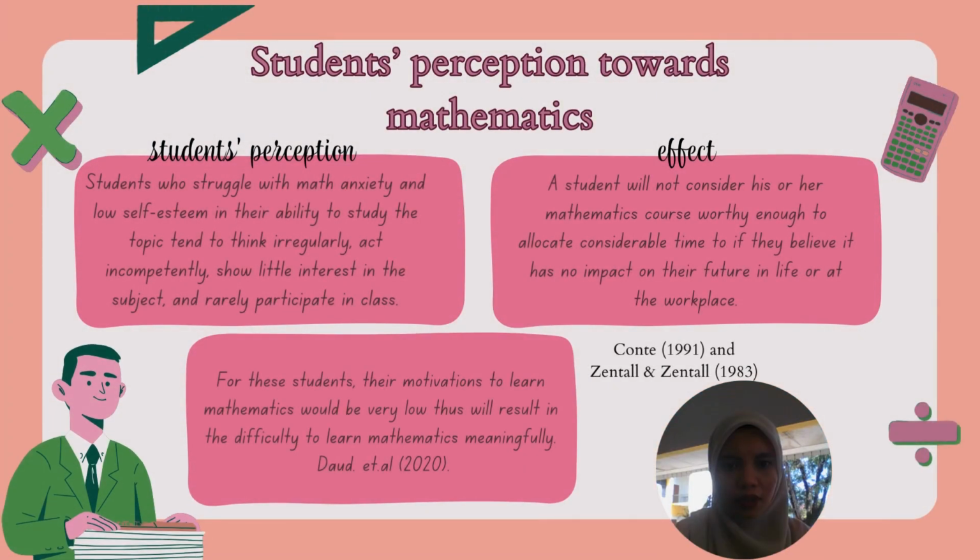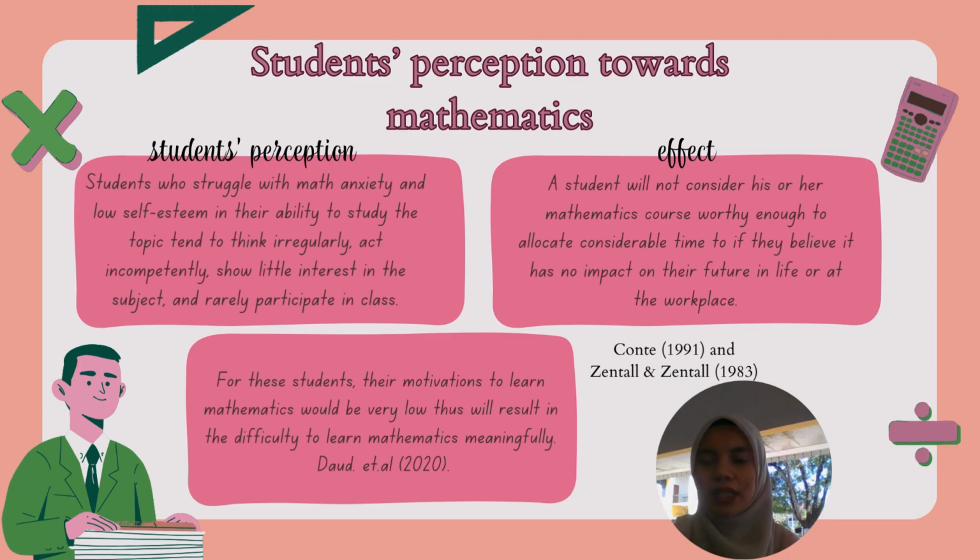Next, we go through to the students' perceptions toward mathematics. Student perception. Students who struggle with math anxiety and low self-esteem in their ability to study the topic tend to think irregularly, act incompetently, show little interest in the subject, and rarely participate in class.